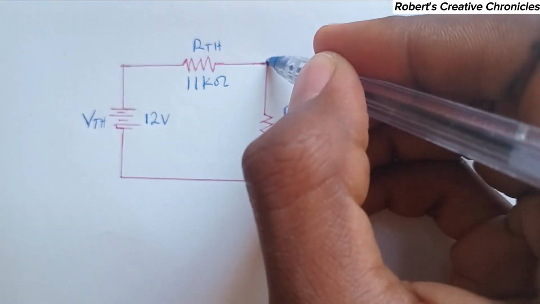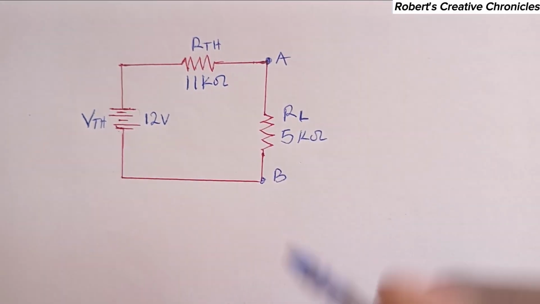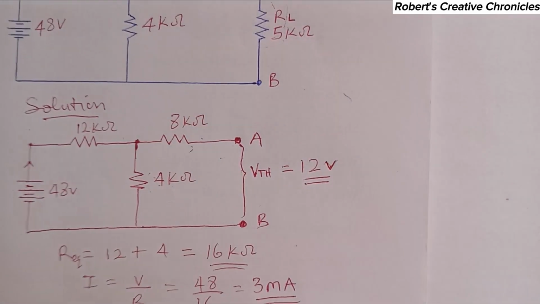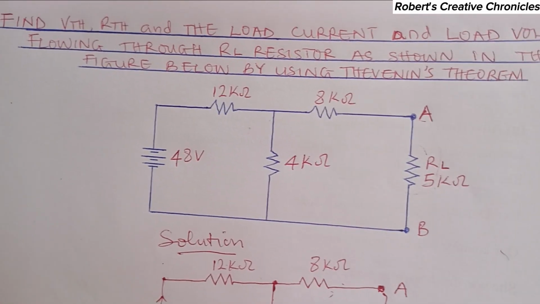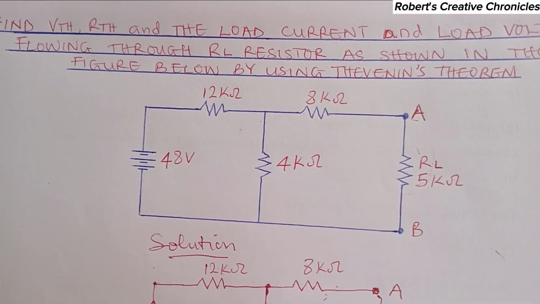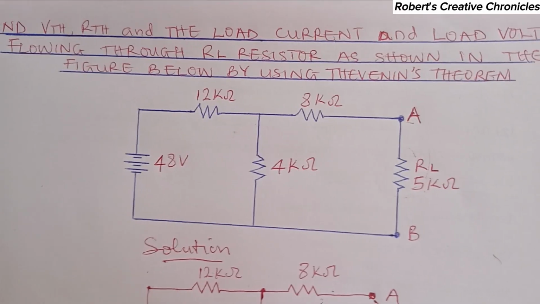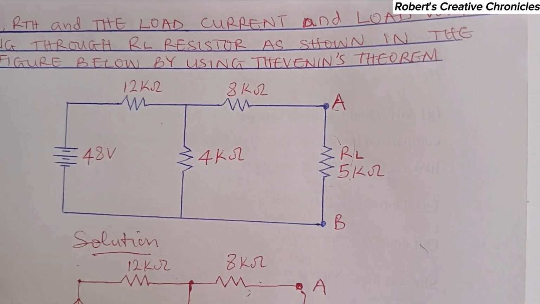And these are two terminals, A, B. You know, the question stated that we should find Thevenin voltage, Thevenin resistance, and the load current and the load voltage. We have found the Thevenin voltage and Thevenin resistance. So now remain the load current and the load voltage.